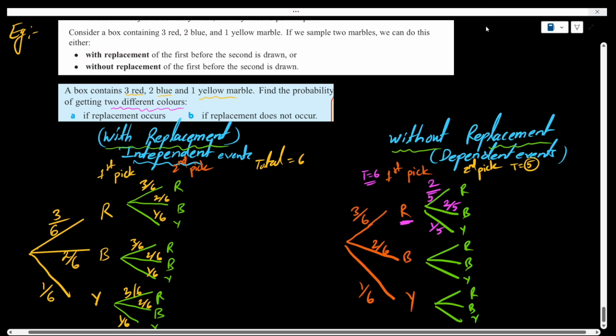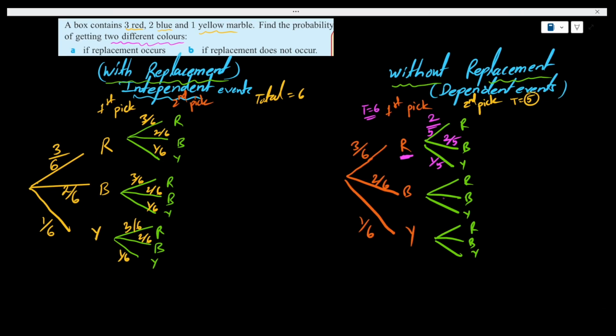Then after that, if your first pick was a blue ball, there was no change in the red ball, so the number of red balls will remain 3. The total will change to 5 and red is going to remain 3. Now, the first pick was blue, so blue will reduce to 1, total will reduce to 5.